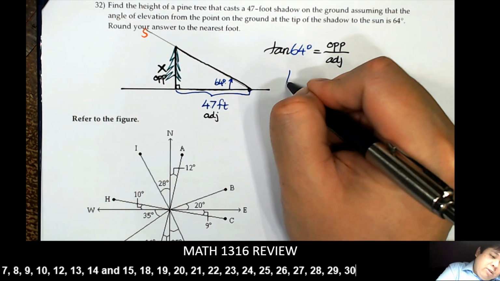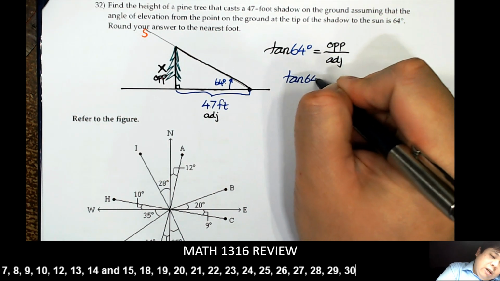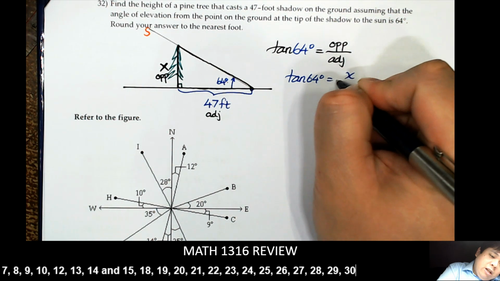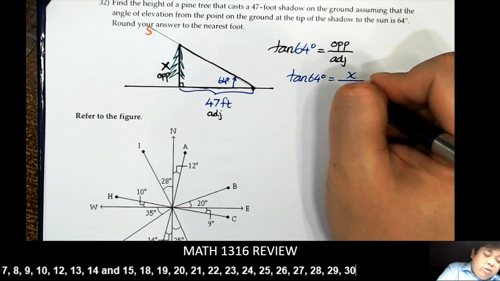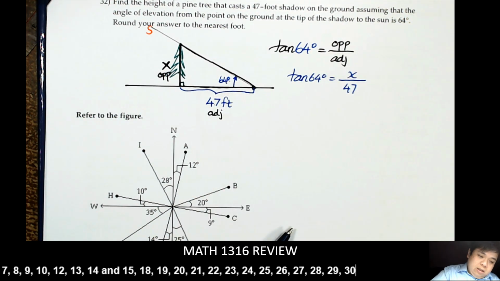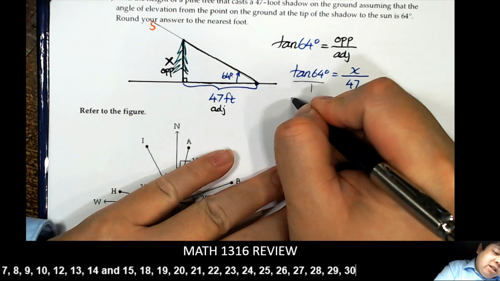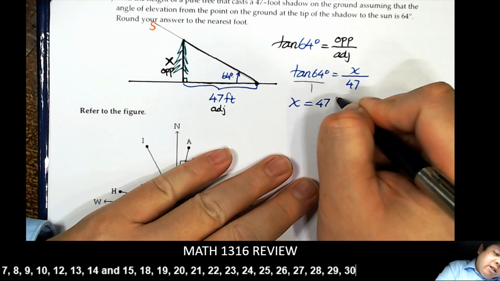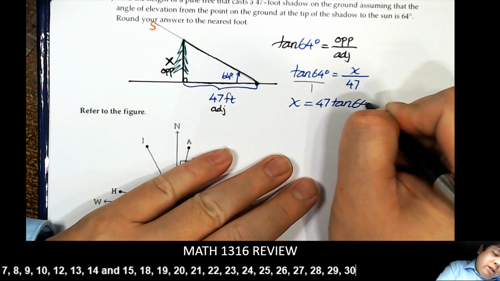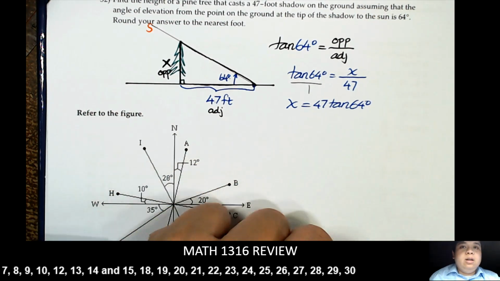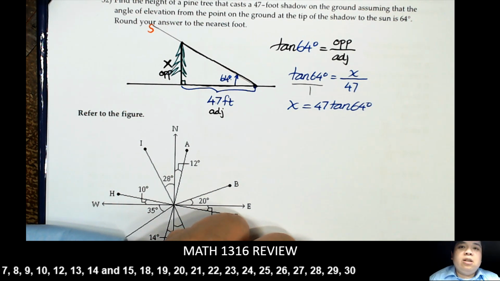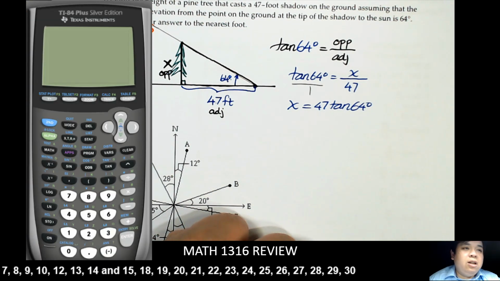So we have tangent of 64 degrees. Opposite, we don't know what it is, but adjacent we do know is 47. Again, cross multiply, we have x equal to 47 times tangent of 64 degrees. Let's use calculator. Is that still in degree mode?